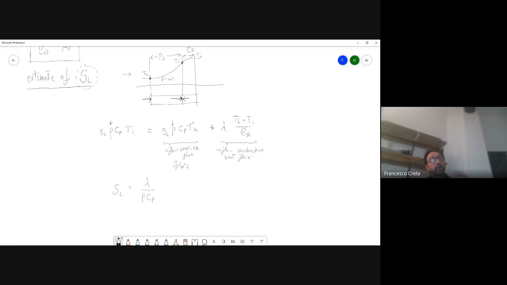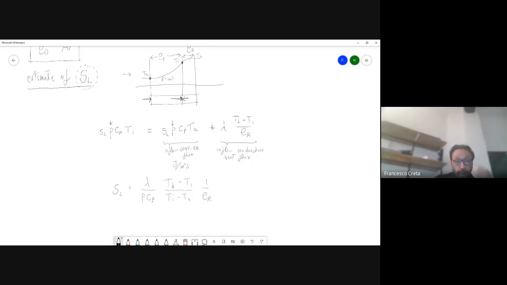We're going to make a lot of those very crude assumptions. So some form of expression for SL, which is of this form here. I'm solving from the above. So it's Tb minus Ti divided by Ti minus Tu, times 1 over Lr.